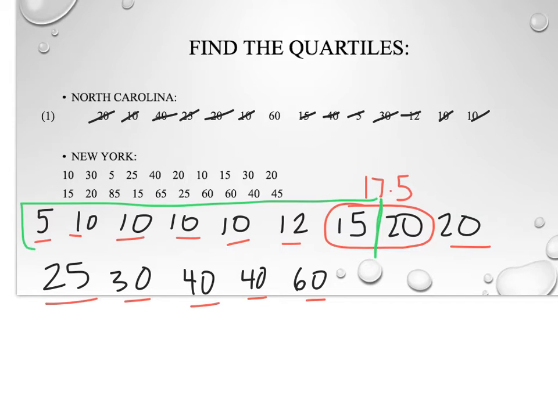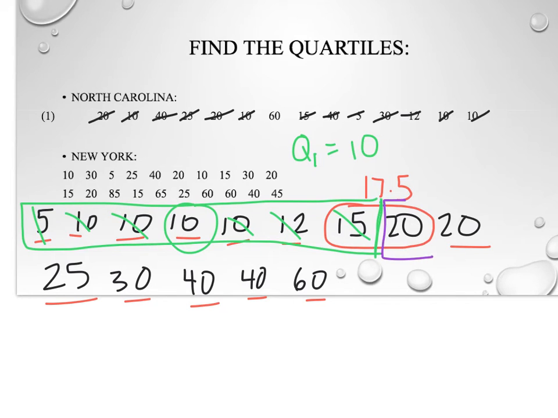So remember, to find Q1, we're looking at everything below our median of 17.5. So that means we're going to include that 15, and we're going to look at everything between 5 and that 15. Just like before, we're doing the same process we did for the median. We cross off on both sides until we get to the middle, which is 10. So our Q1 is 10. And then we can do the same thing for our Q3, but we're going to go up.